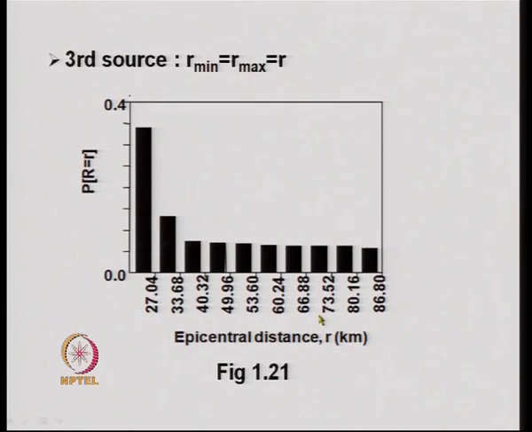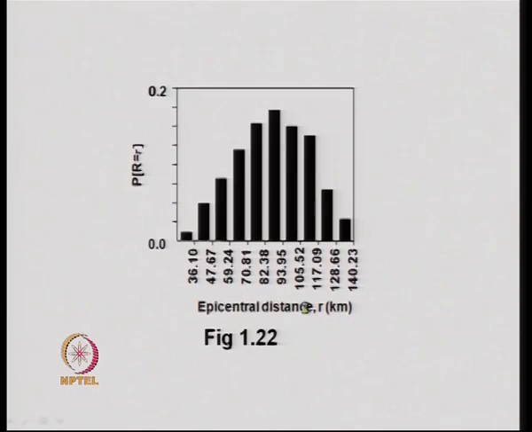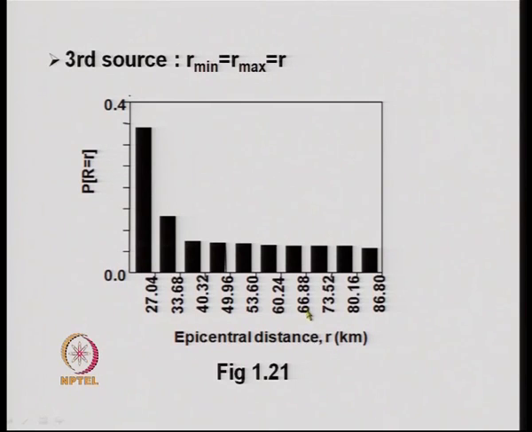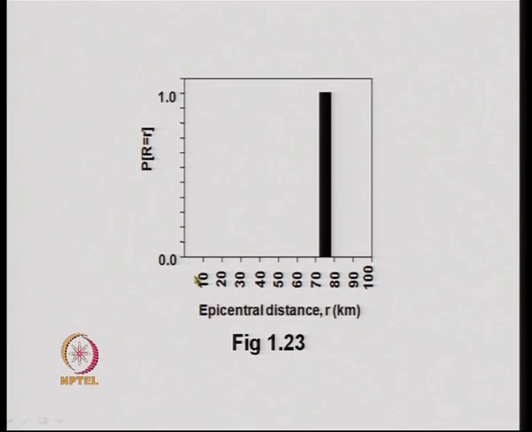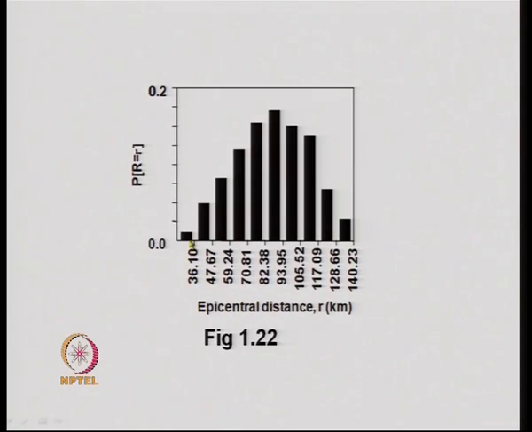for the middle of the interval. So, here say the epicentral distance 47.67 has a probability of occurrence nearly as 0.02.